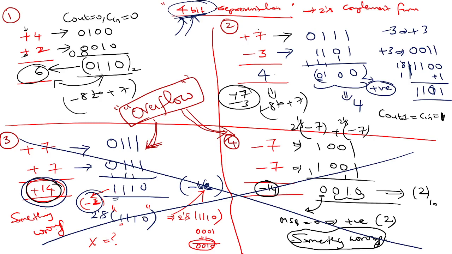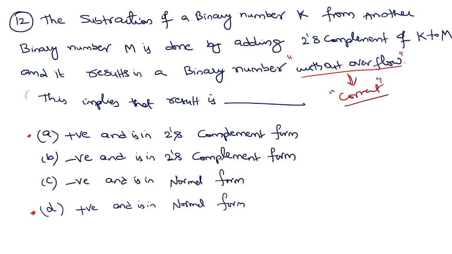Let's say for example, you look at this example, plus 7 and minus 3. It is like m minus k. You look at this, there is no overflow, and there is output carry, C out, which I think is what is missing.